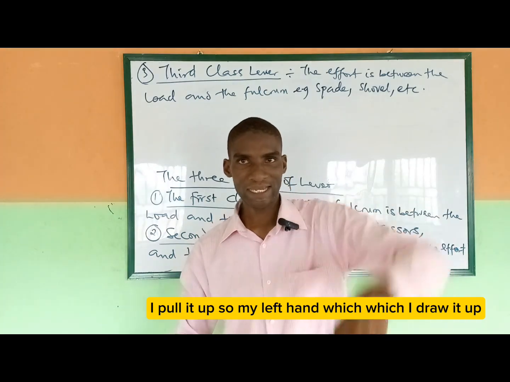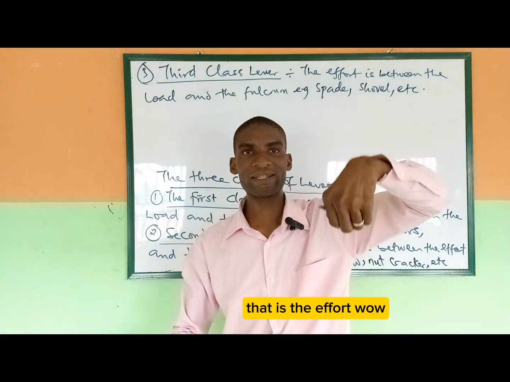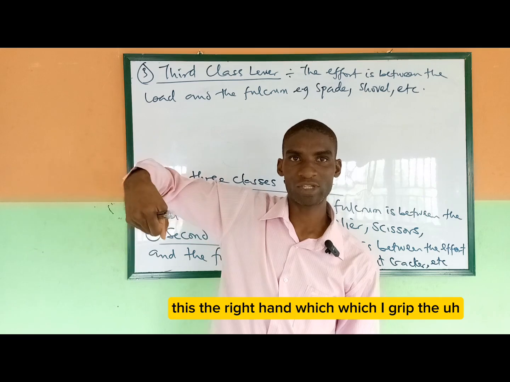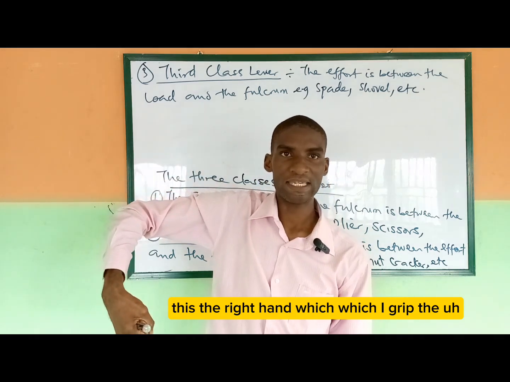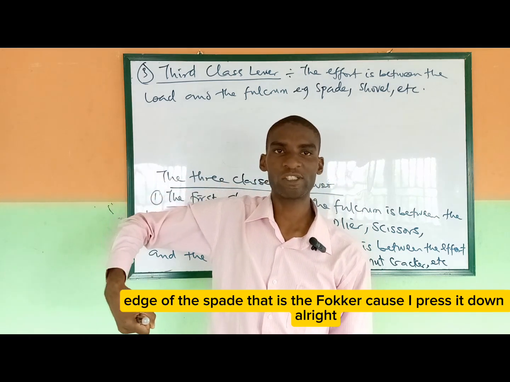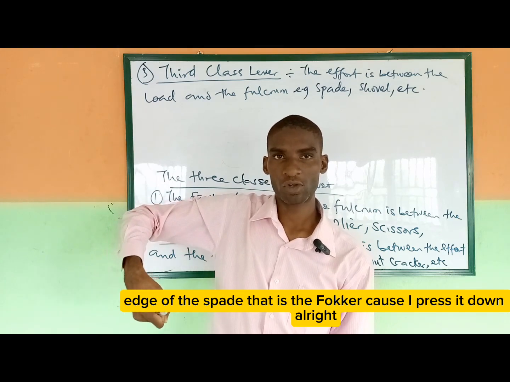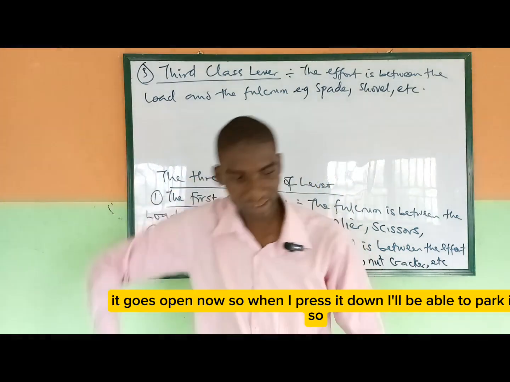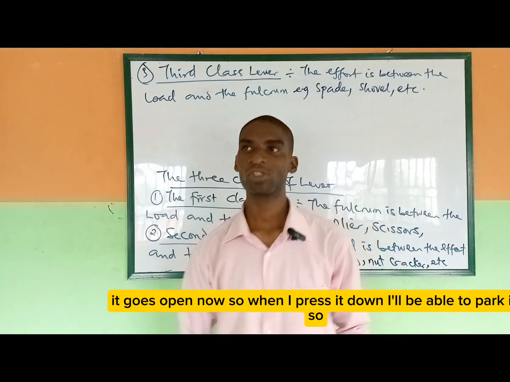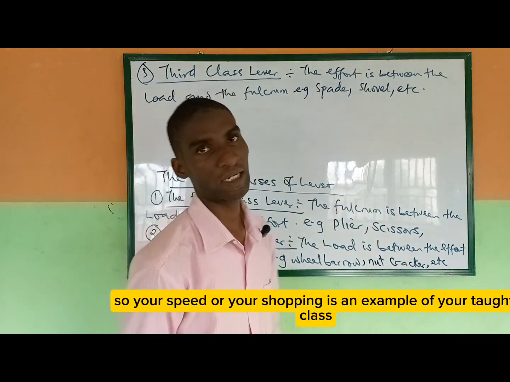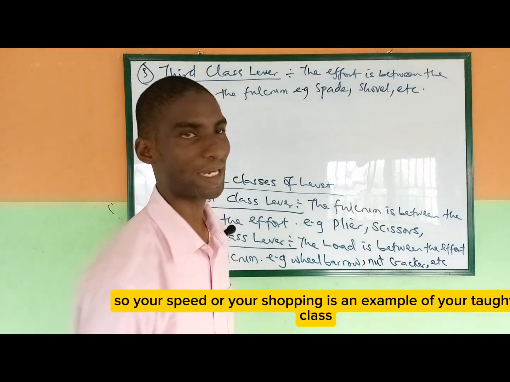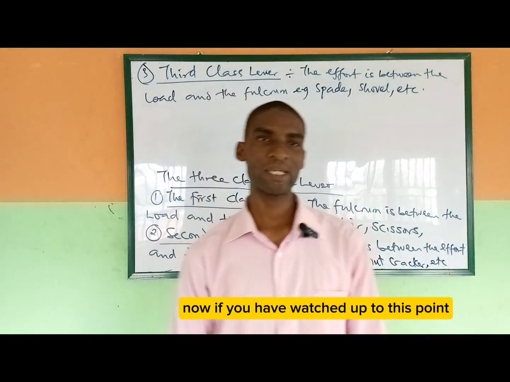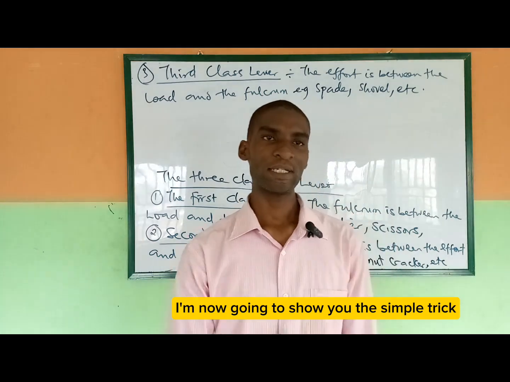So my left hand, with which I draw it up, that is the effort. While the right hand, with which I grip the edge of the spade, that is the fulcrum, because I will press it down. Alright, it goes up and down. So when I press it down, I'll be able to pack it. So your spade or your shovel is an example of your third class lever.